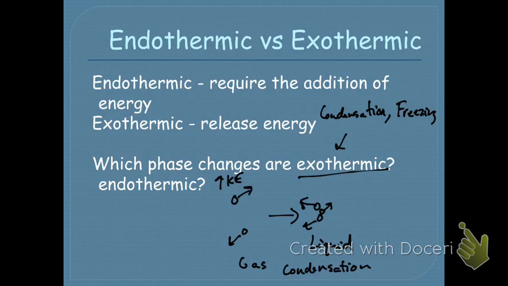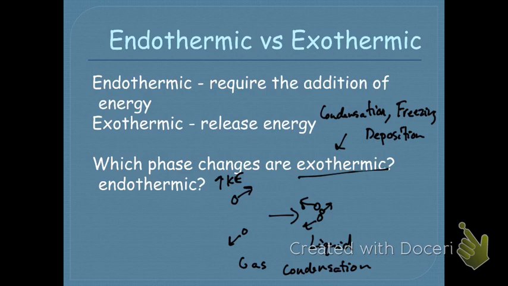So these are going from high energy states to low energy states. Freezing is going from a liquid to a solid, so you have to lose energy to become more ordered in the crystal-like structure. Deposition is highly exothermic, right? It's the most exothermic if you think about it. So you're going from a gas state, which has high kinetic energy, to a solid state, which is low.